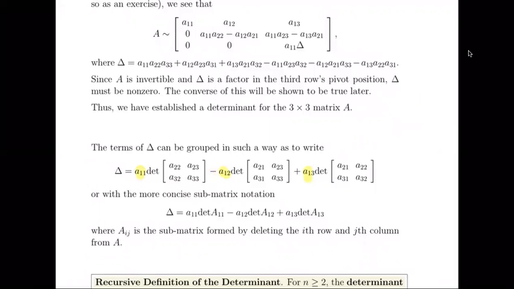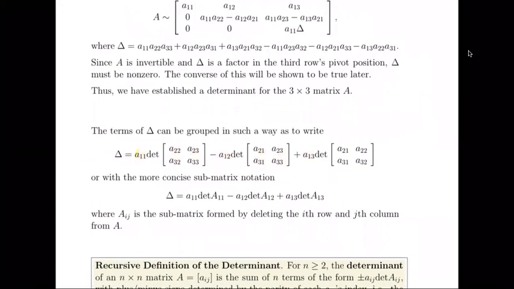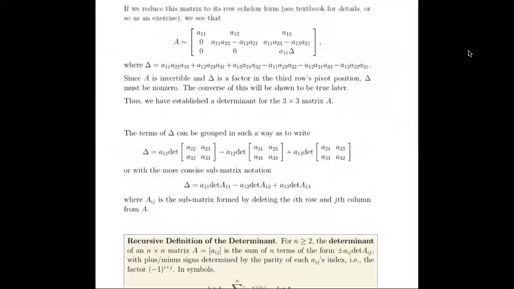And it turns out that this is the 2 by 2 determinant of what we'll later go on to call the cofactor matrix or the adjoint matrix. Or the matrix minor, sorry, to use the correct term, matrix minor of the position A11, A12, and A13.